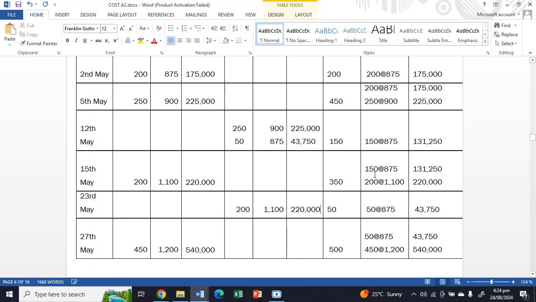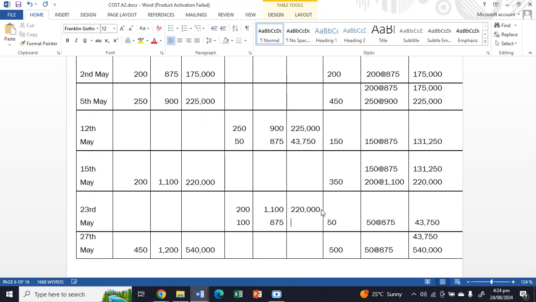Then the remaining 100 we get from this batch here. So 100 valued at 875. It's 7,500. So we've remained with 50 solar panels valued at 875 kwacha.